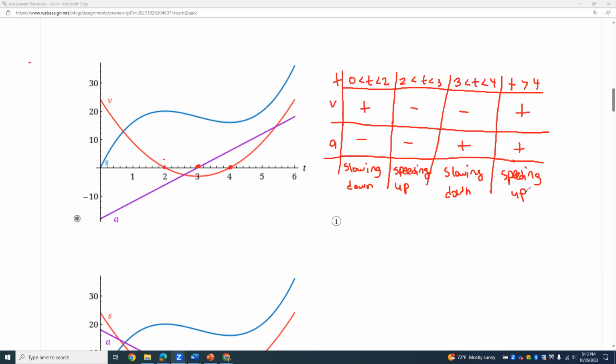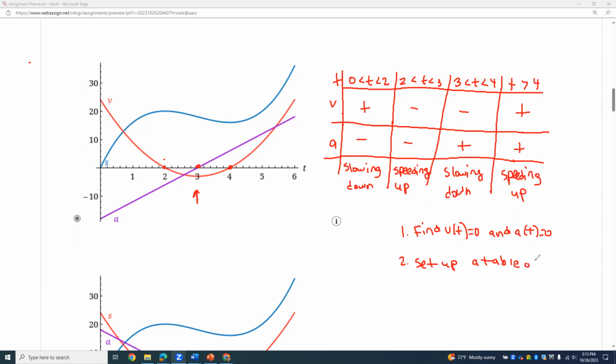These graphs can be helpful, but you don't need them if I don't ask you to graph them, or if you don't have the option to see the graphs this way. You could have figured this out with number lines. The only thing the graph told us that we didn't have was when the acceleration was 0. If you did this by hand, you would have to find when the velocity equals 0 and when the acceleration equals 0, and then set up a table of signs, just like we did here.